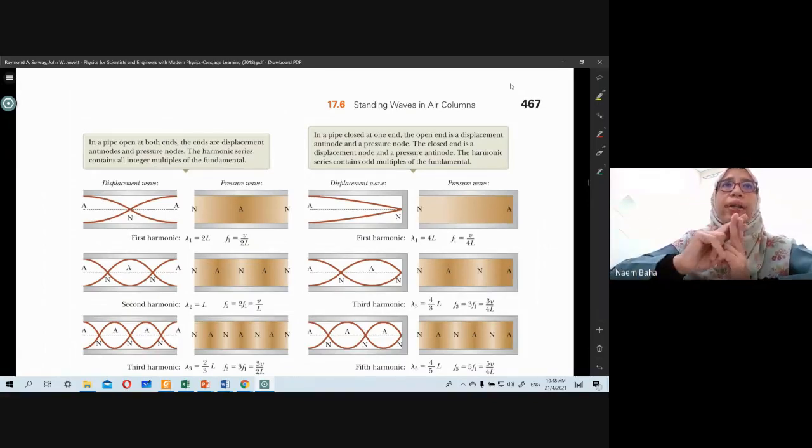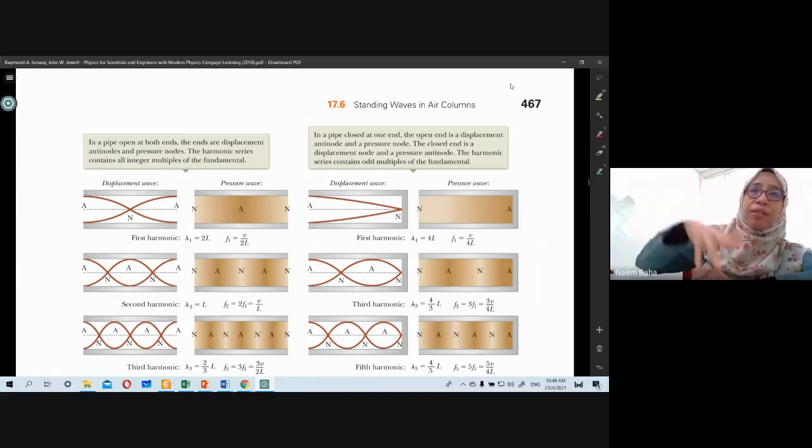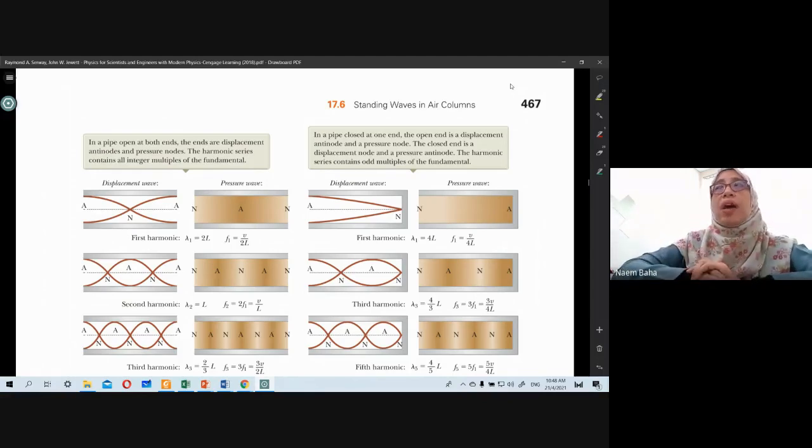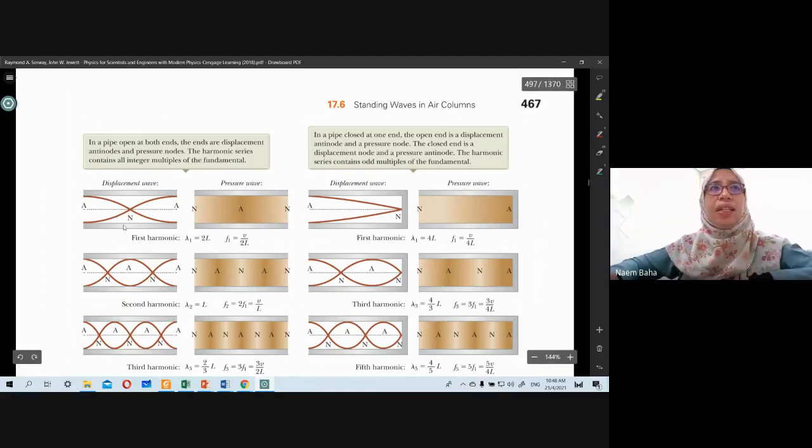Number 1 is both ends open so that air can travel, so there will be air traveling inside. So that's why we have speed of sound, or sound can travel in. Number 2 is one side will be closed. Looking at the left side, one is open, while this one is closed. So this is closed at one end and open at the other end, and this is open at both ends.